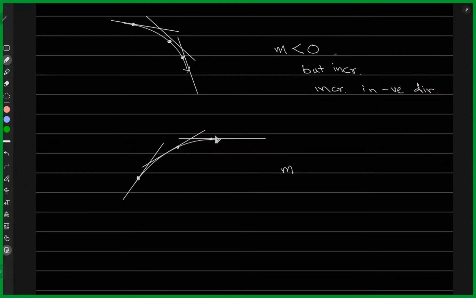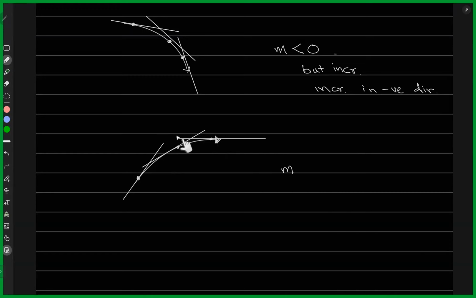So what is happening to the gradient? Any guess? Okay, so the gradient in this case, as you can see, the tangents are becoming straight or horizontal.